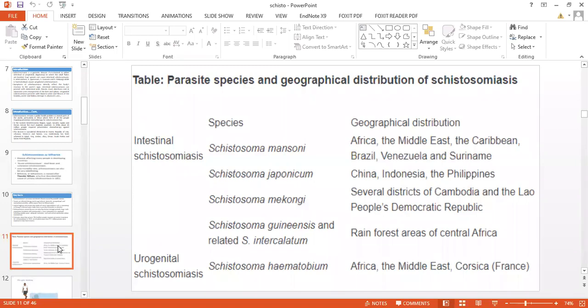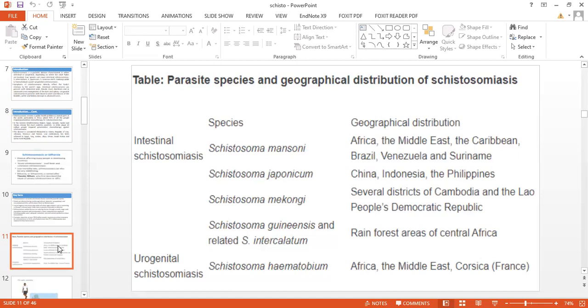You can see mansoni is more prevalent in Africa, the Middle East, the Caribbean, Brazil, Venezuela, and Suriname, while japonicum is in China, Indonesia, and the Philippines. Mekongi is found in several districts of Cambodia and the Lao People's Democratic Republic. And Schistosoma guineensis and the related Schistosoma intercalatum are more prevalent in the rainforest area of Central Africa.